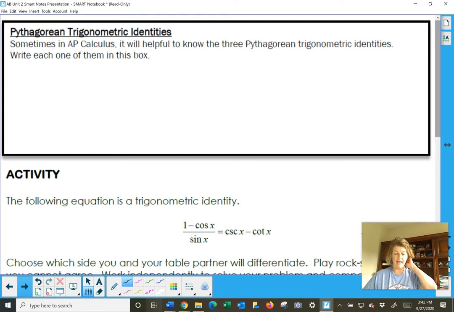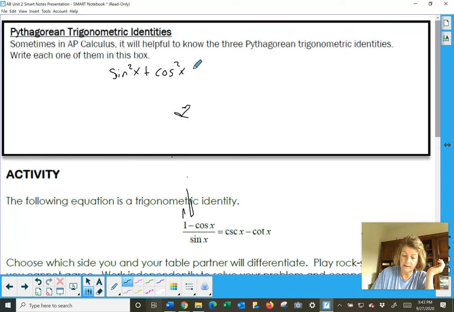Next, we flip to the back. Pythagorean identities do come into play, and they are helpful. We just saw the use of sine squared x plus cosine squared x equals 1. What other two are there? There's 1 plus tangent squared x equals secant squared x.